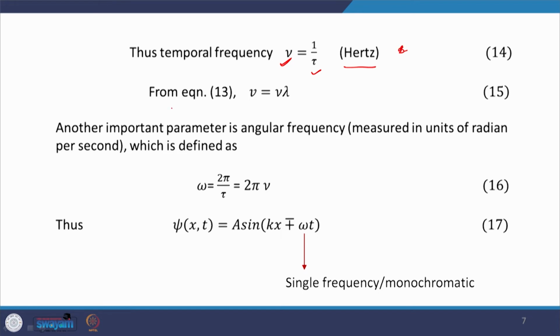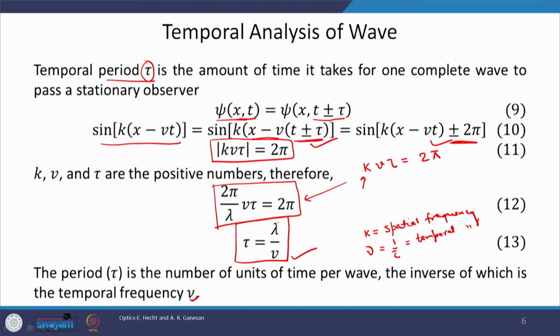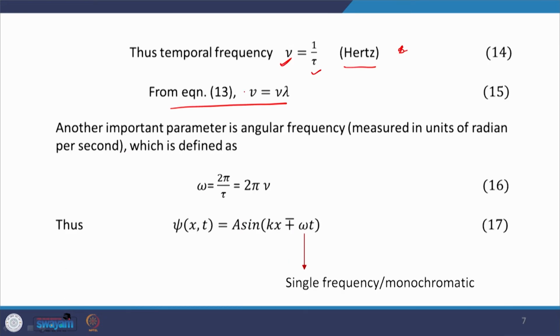Now, from equation 13, in our last slide, where tau is lambda by v, we can write velocity v is equal to nu into lambda. Nu is our temporal frequency and lambda is the wavelength. This is a very important relation. Apart from these terms, another very important term, often used in optics, is angular frequency.